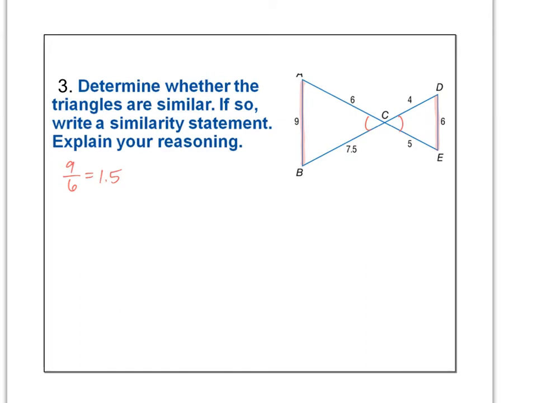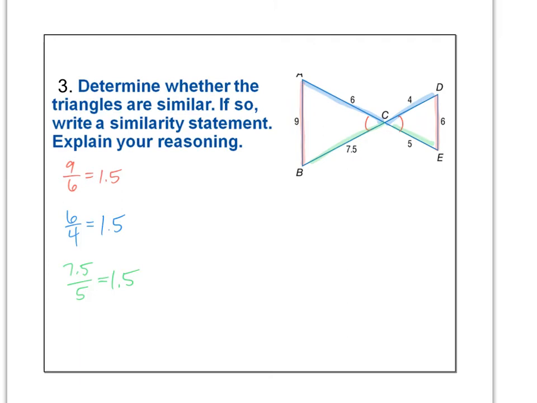Let's find the shortest side on each triangle. The shortest side on the left triangle is the 6, and on the right triangle it is the 4. Dividing those like checking for a scale factor, 6 divided by 4 is 1.5. Finally, we have the middle length sides, 7.5 and 5. 7.5 divided by 5 is 1.5.